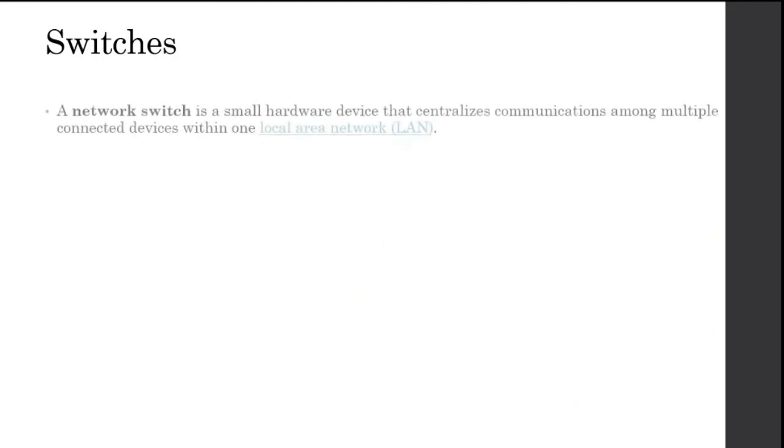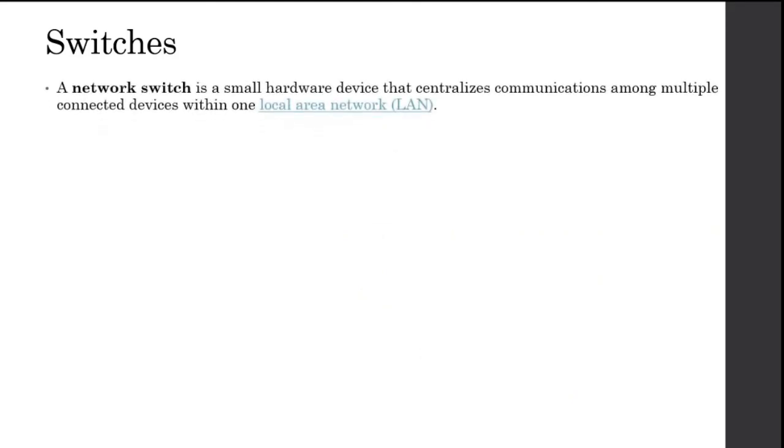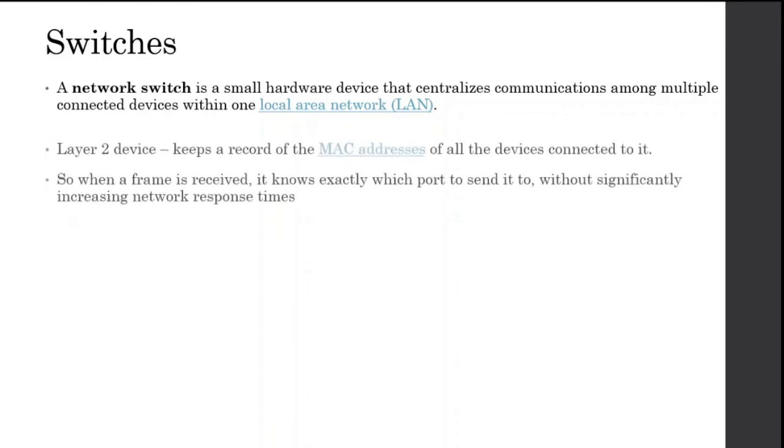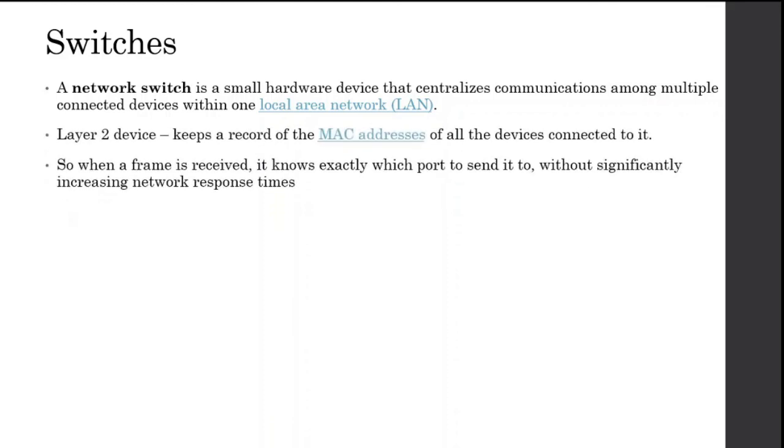A switch is a small hardware device that centralizes communications among multiple connected devices within a LAN. It is a layer 2 device and keeps a record of the MAC addresses of all devices that are connected to it. So when a frame is received, it knows which port to send it to without increasing network response time or delaying it.